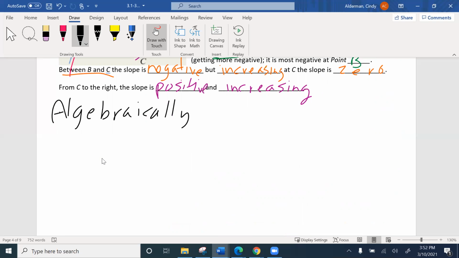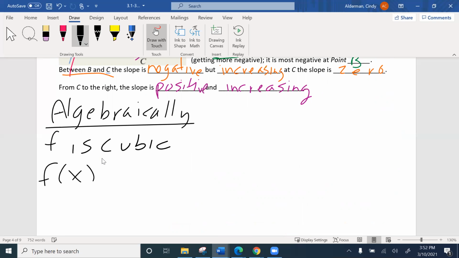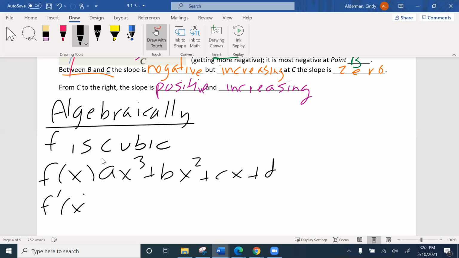Okay, a couple of things we know, and they told us that f is cubic. So we can say that the standard form of a cubic would be some coefficient a x cubed plus another coefficient b x squared plus c times x plus d. So algebraically, what we could do is take a look at the derivative of it.